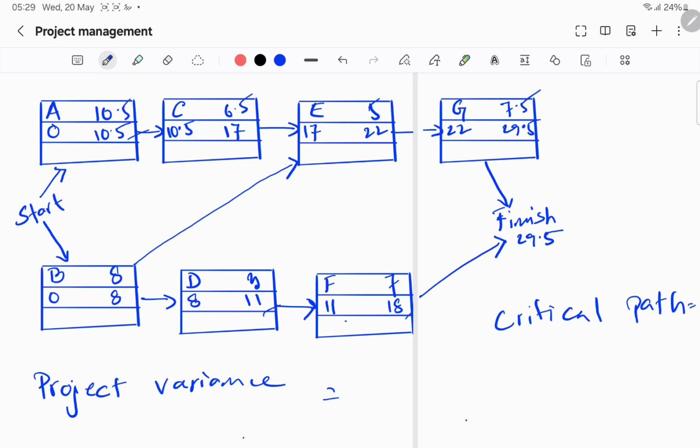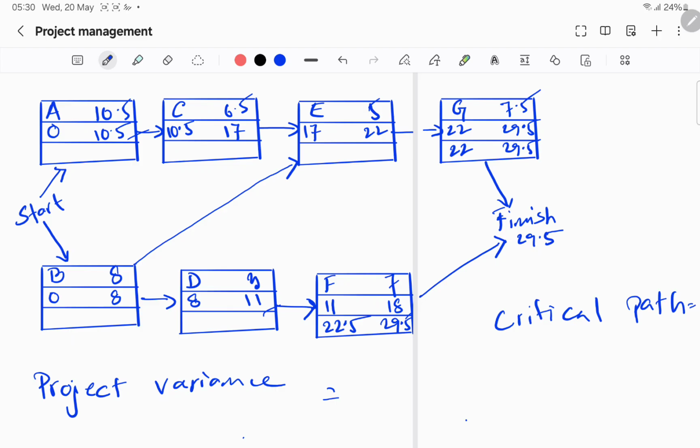Now we'll go backward to find the latest finish and latest start times. For G, the latest finish is 29.5, and 29.5 minus 7.5 is 22. For F, the same, 29.5 minus 7 is 22.5.